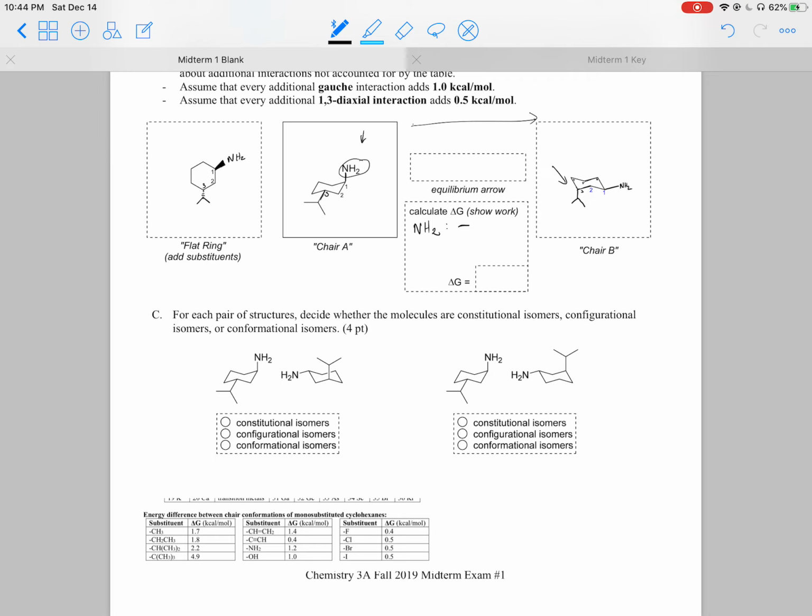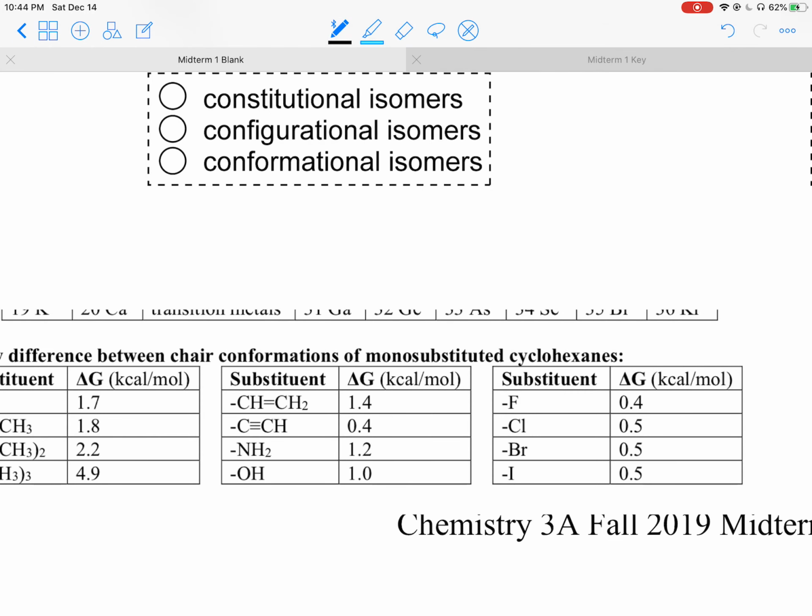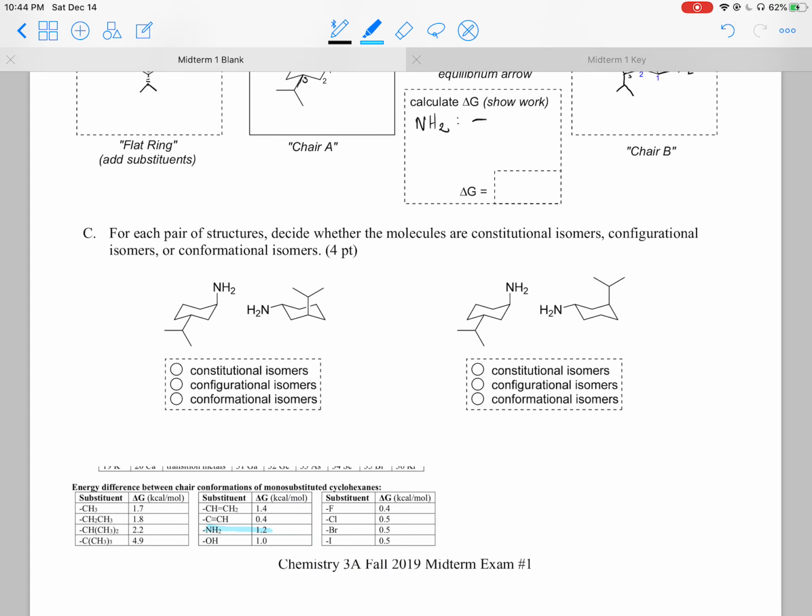We're going from axial to equatorial. Every time we go from axial to equatorial, that's going to be favorable. We just prefer that. So right here it says 1.2 is the energy difference between axial and equatorial, so we're going to subtract 1.2 to lead to our delta G.